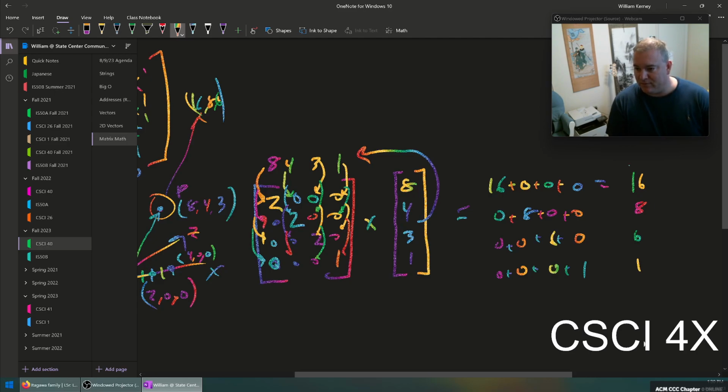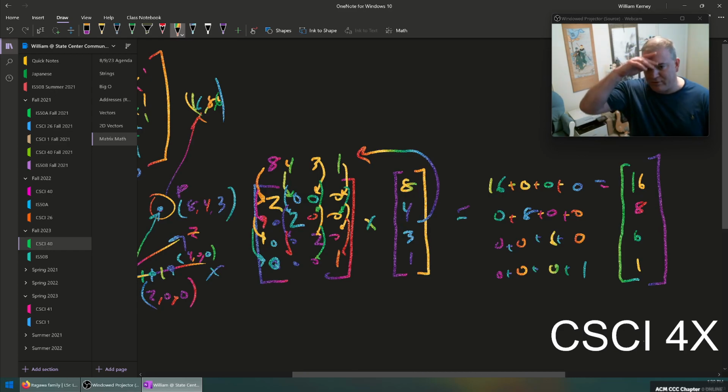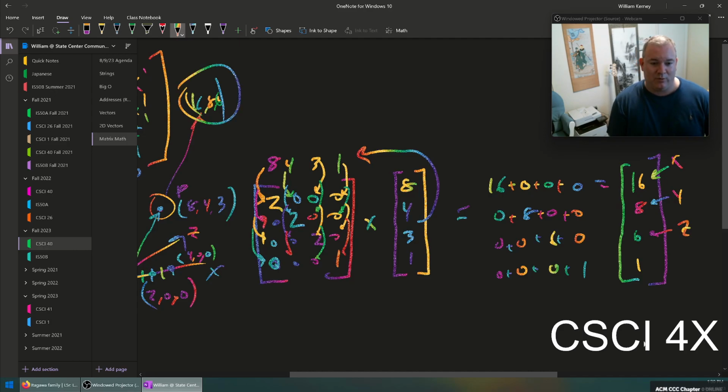And 1 plus a bunch of zeros is 1. So the final result of our matrix times vector multiplication is 16, 8, 6. This is the x value, the y value, and the z value. And that is, in fact, what we see over here. When we scaled 8, 4, 3 up by 2s, we got 16, 8, 6.